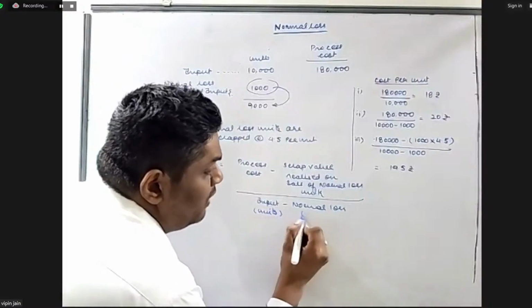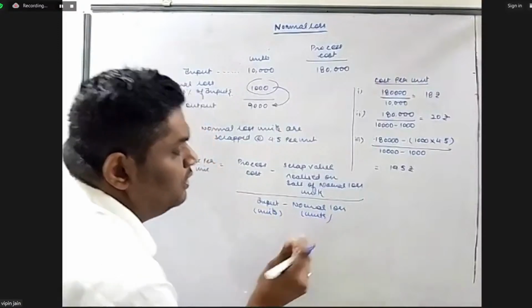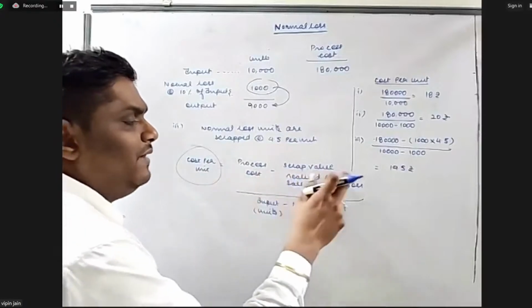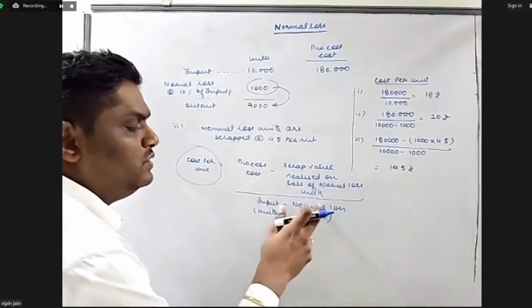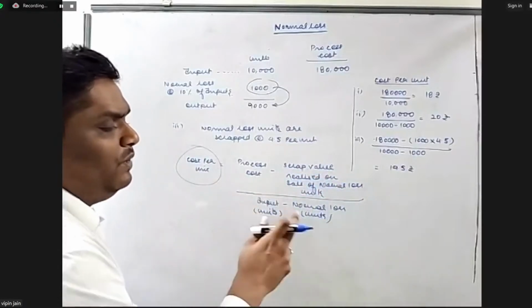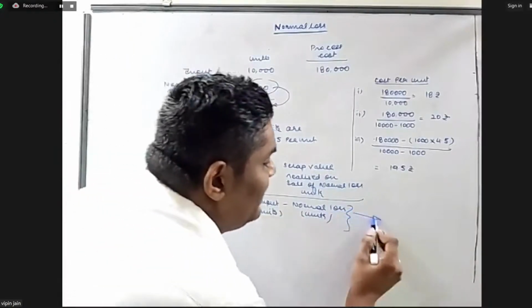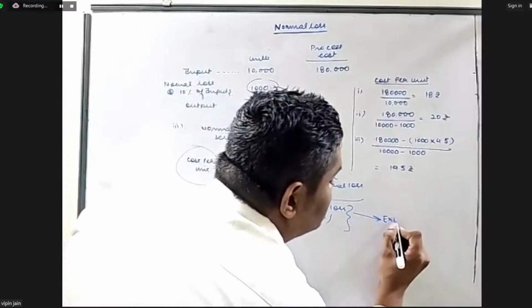Input in units, normal loss in units. So this is how we'll get the cost per unit. That is process cost minus scrap value realized on sale of normal loss units divided by input minus normal loss. This input minus normal loss is what we can say my expected production.